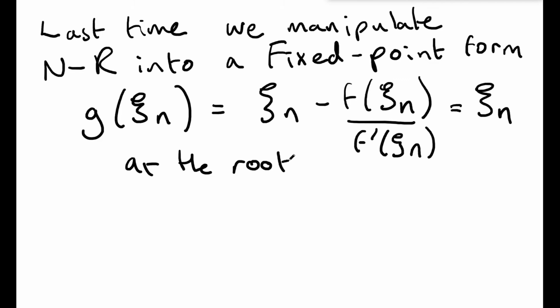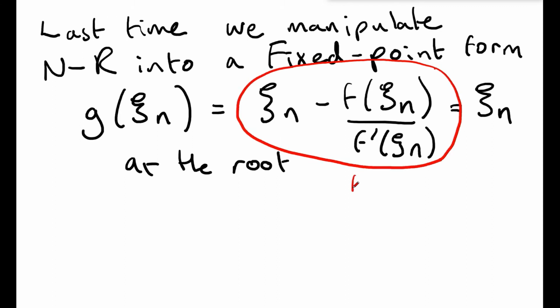So now we have this g prime. This thing is our g prime, sorry. We now need to differentiate this to use our result on g prime. That's why we've manipulated it into our Newton-Raphson fixed point form.